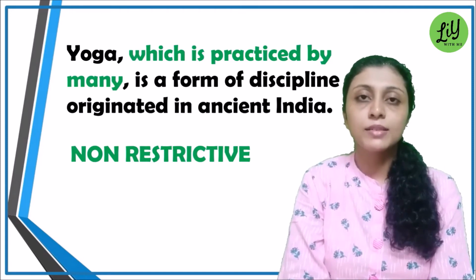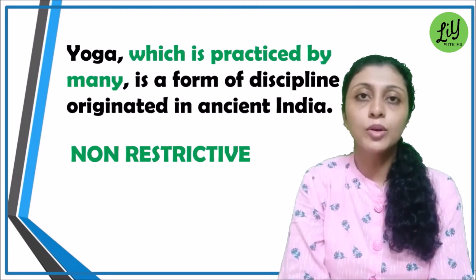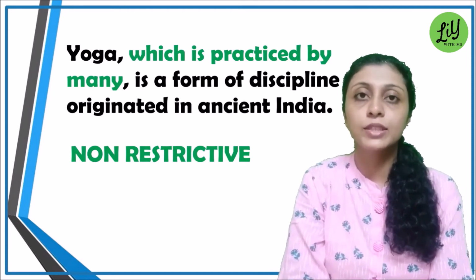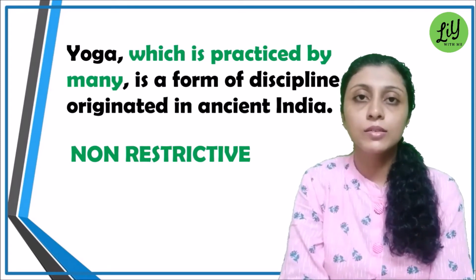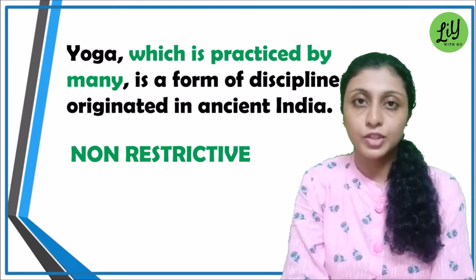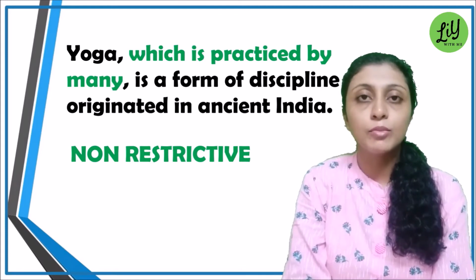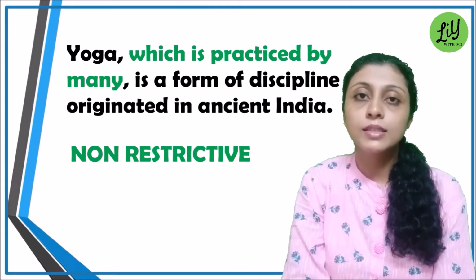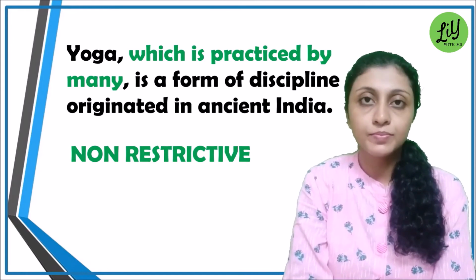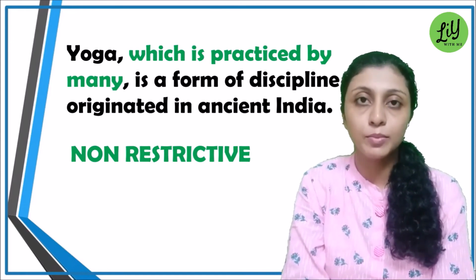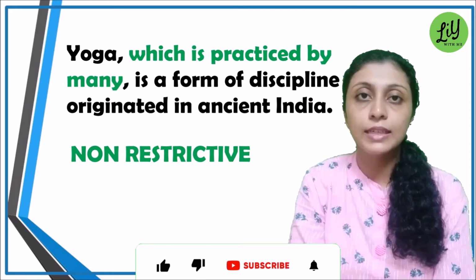Yoga, which is practiced by many, is a form of discipline originated in ancient India. So over here the clause is non-restrictive in nature, which means even if I remove the clause, the sentence meaning does not change. It would just be, yoga is a form of discipline originated in ancient India.